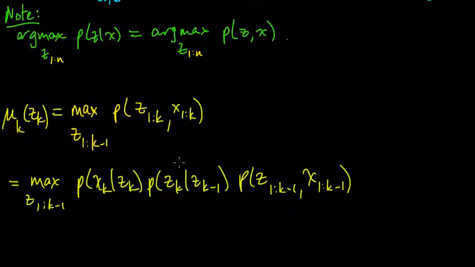I'm not going to prove all the conditional independence things here; I think you're familiar with it enough by now. You can check that step either using the definition of the hidden Markov model, that it respects that graph, or using d-separation. Either one will work.